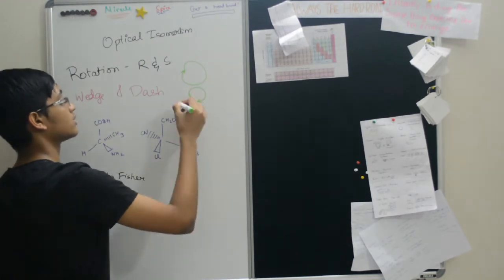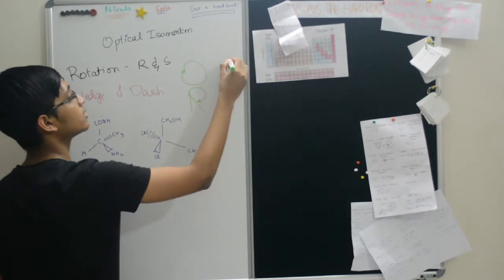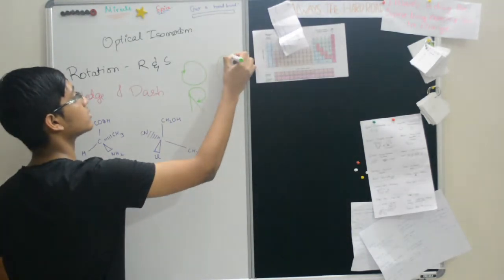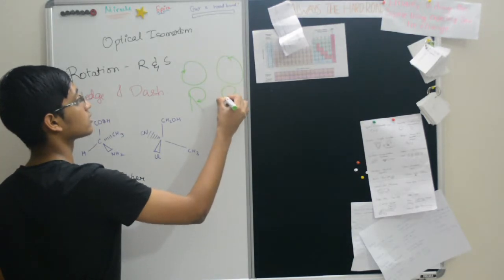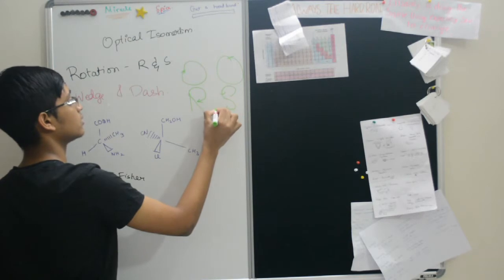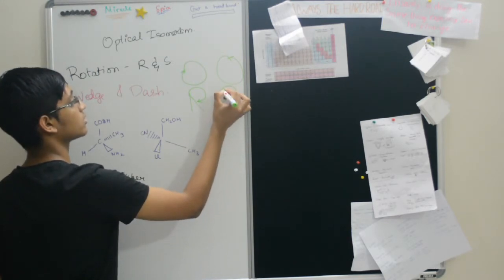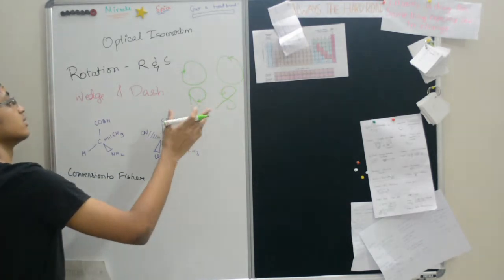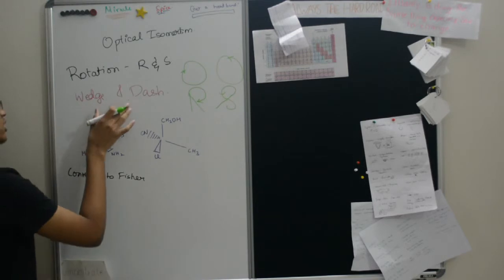So if you get a clockwise spin, then it is an R. And next we have an S spin, which is like this. So S, you can think of it like this. Or if you are better at cursive handwriting, you do it like this. You start with this, and again. This is an easy way to remember the R and S for wedge and dash.